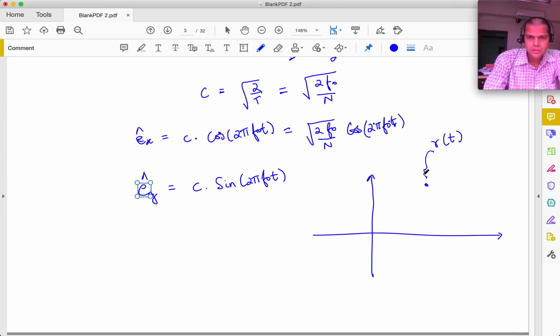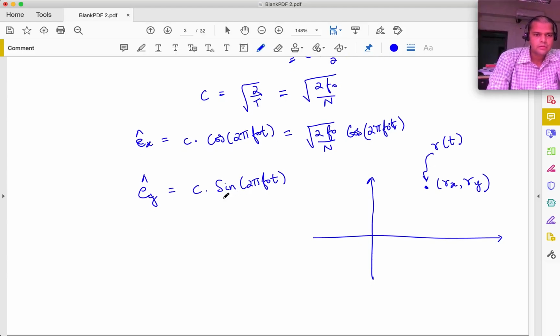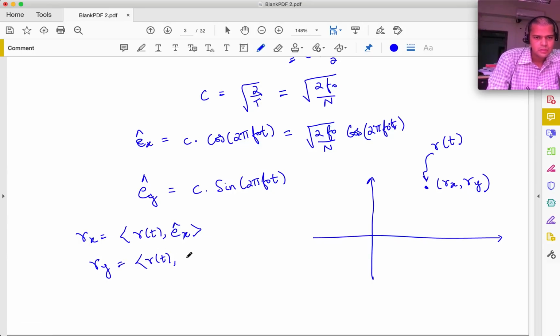So what I'm going to do is find out its x and y coordinates. Essentially Rx is just the inner product of my signal with the x unit vector, and Ry is the inner product with the y unit vector.